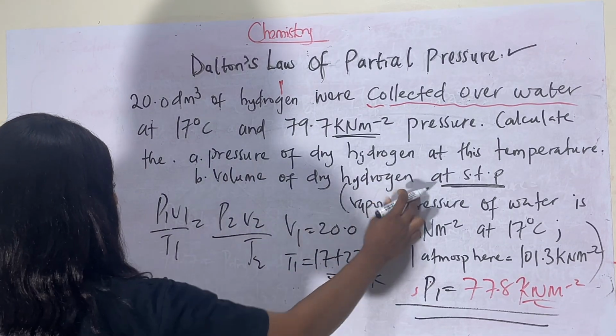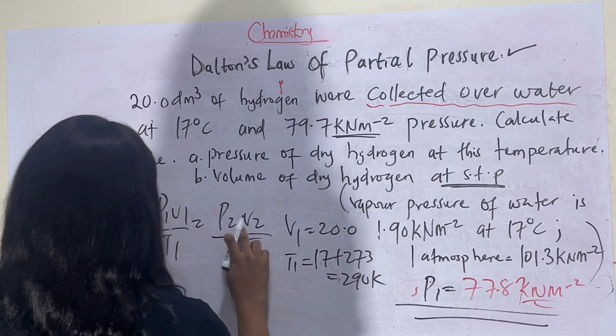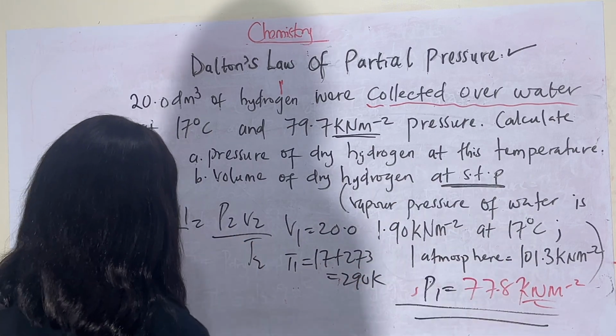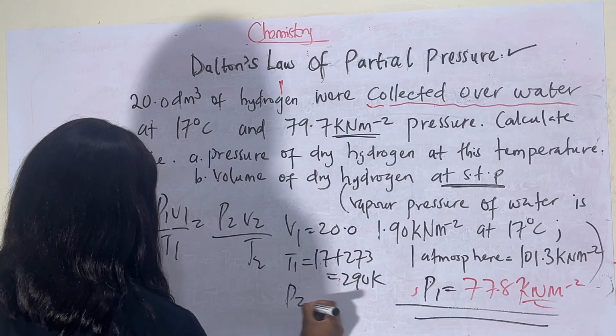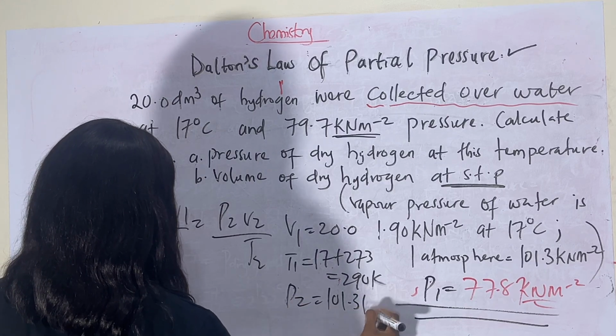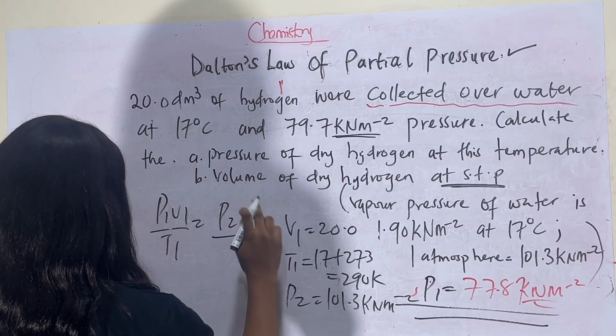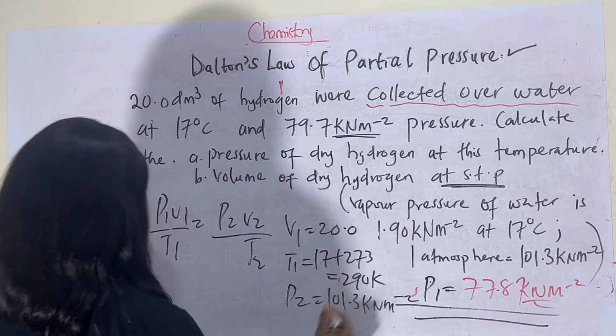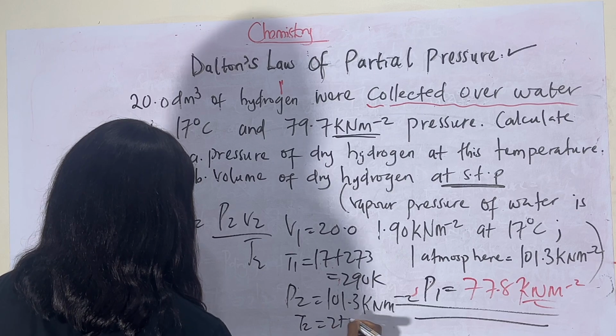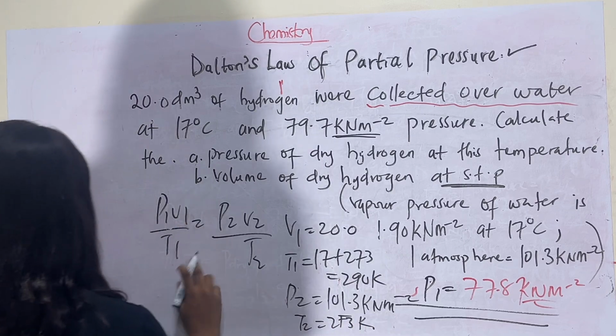Now I have V1, T1, and P1. For my P2, remember standard pressure has been given, so P2 is equal to 101.3 kilonewton per meter square. V2 is what we're looking for. T2, standard temperature, is 273 Kelvin. So let's input all of this.